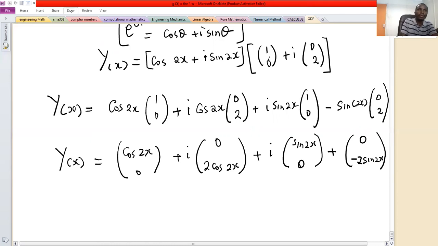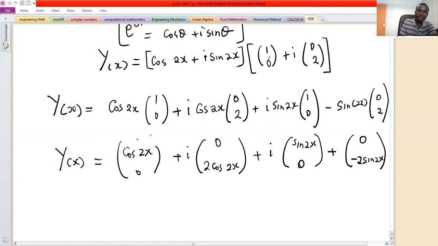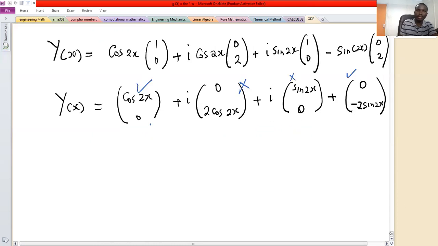Now we bring real parts together and imaginary parts together. So this one and this one are the real parts. This one and this one are the imaginary parts.